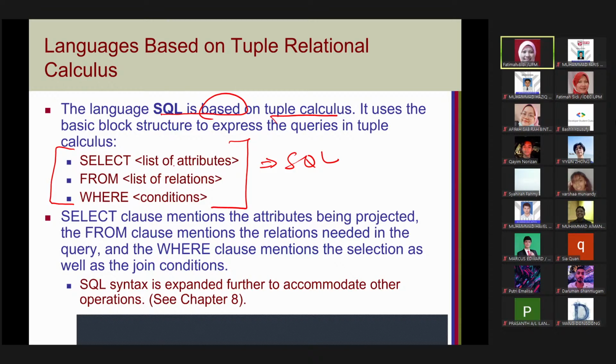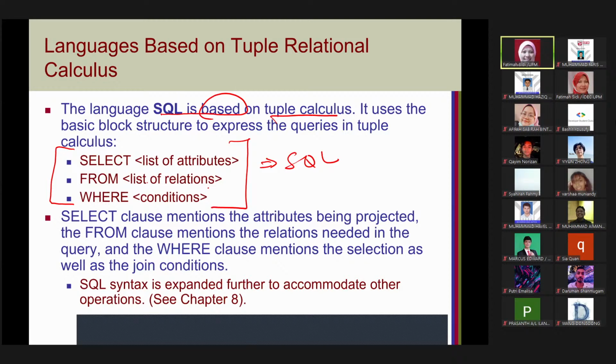So here is a list of the attributes from a list of relations, where is the condition. I guess all of you are very competent in SQL, based on your SSK4401, right? Most of the exercises are based on SQL.